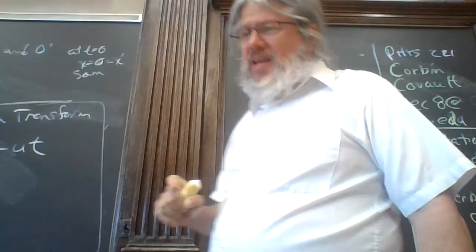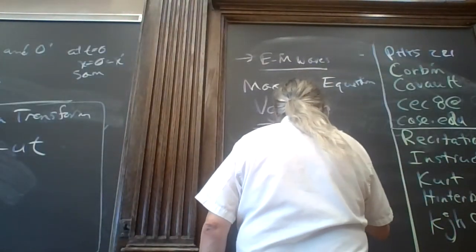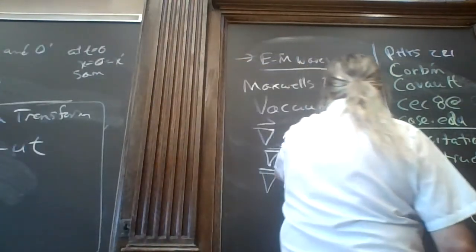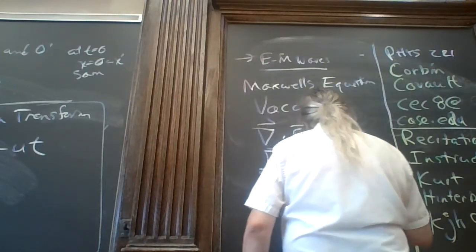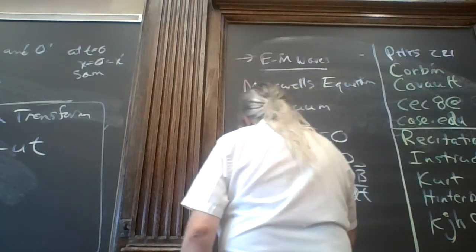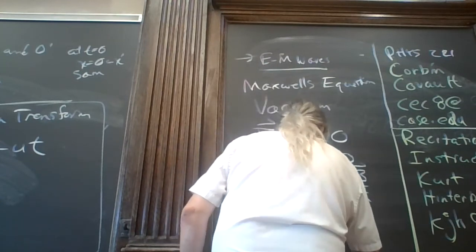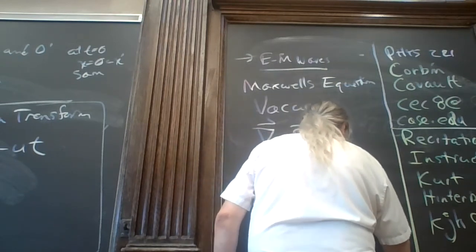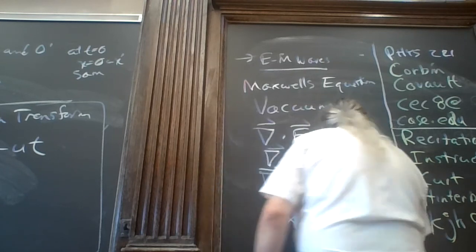Del cross E is equal to negative partial B partial t, and del cross B is equal to mu naught epsilon naught, partial E partial t.